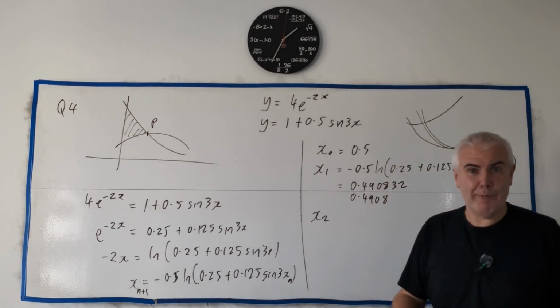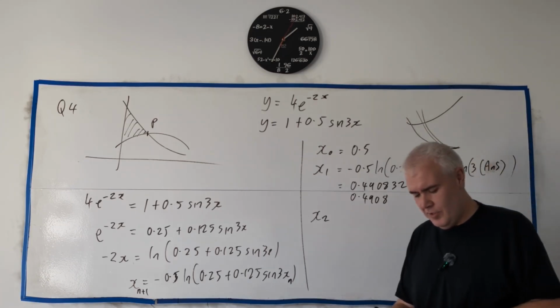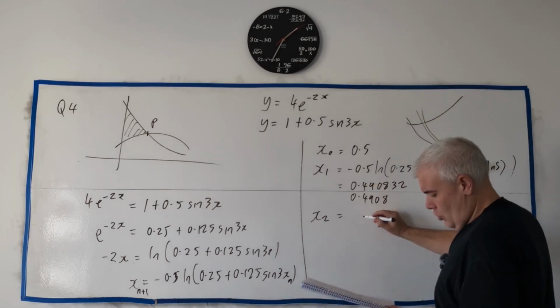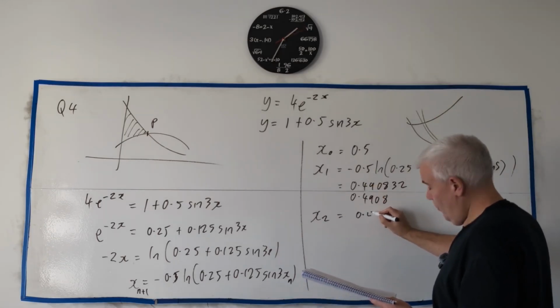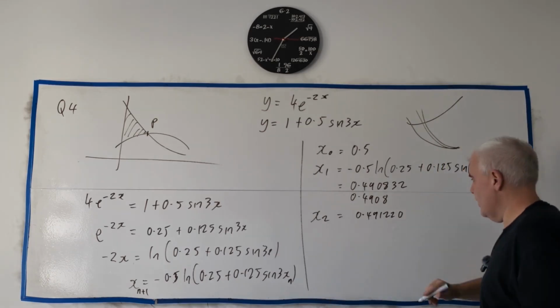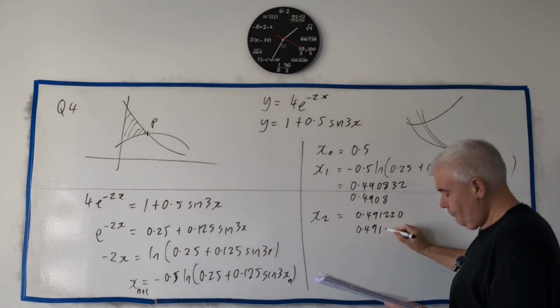Or use the memory of your calculator, because our answers might get slightly different, I guess, if you don't use the memory of your calculator, because you're rounding off too much. Either way, what you should get is 0.491220, I think. I have a bit of a typo here, so that might be wrong.